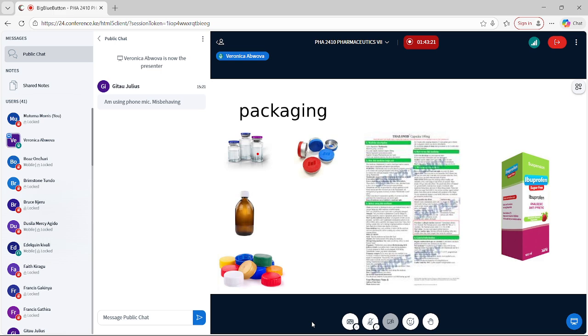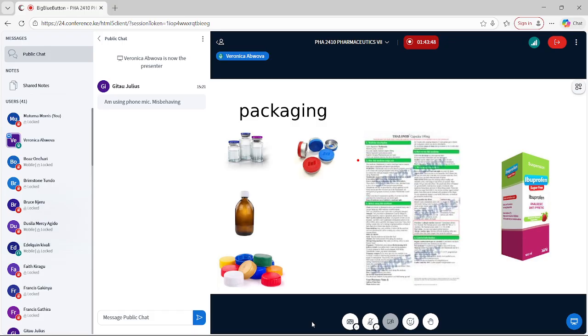Because if you only take care of the bottle, what is going to happen is during storage, you end up with interaction between the cap and the drug ends up deteriorating. So for that reason, packaging does not only include the bottle, it also includes, I hope that is clear.